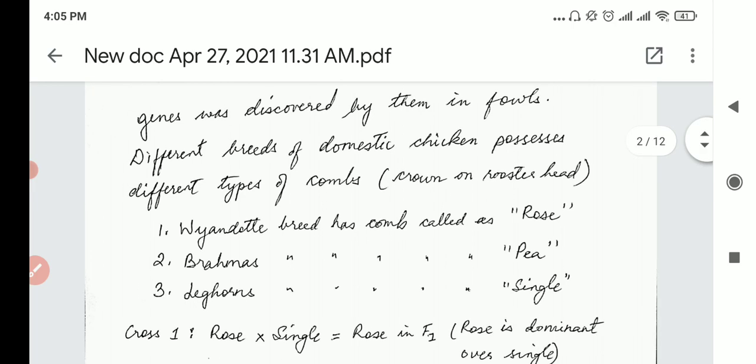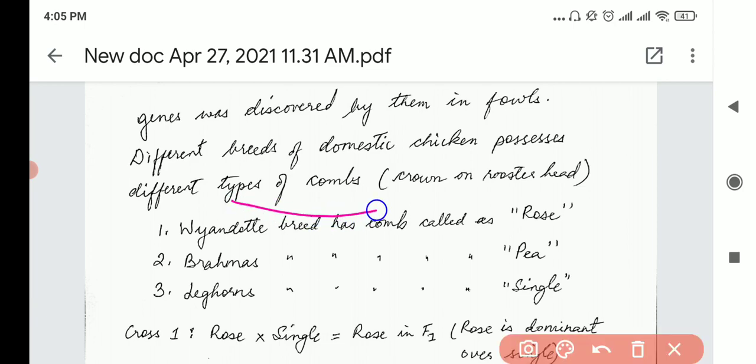Different breeds of domestic chicken possess different types of combs. Domestic because we have domesticated them, right from when man was a hunter and gatherer, but they are still wild chicken only.